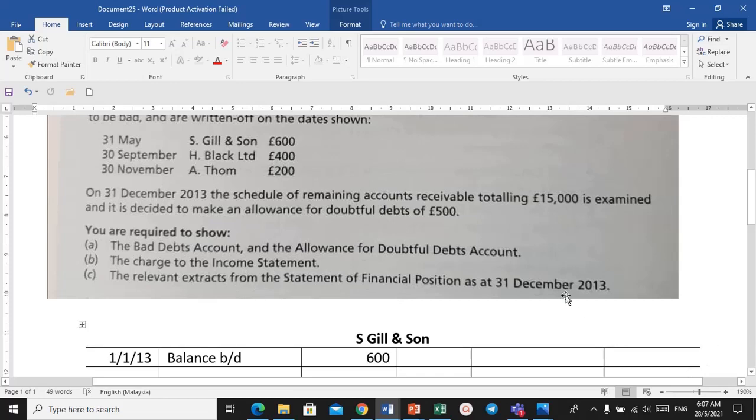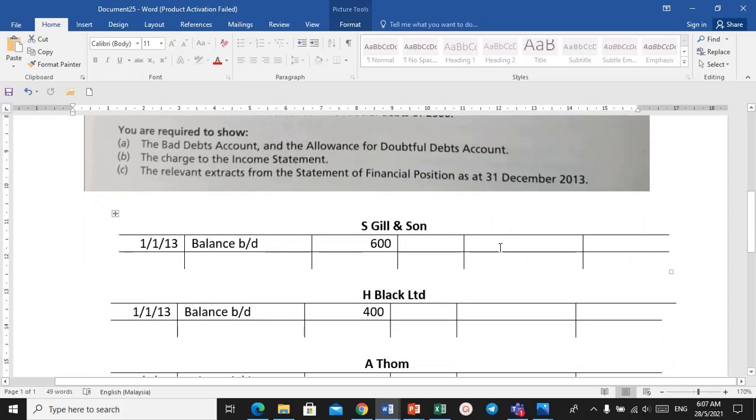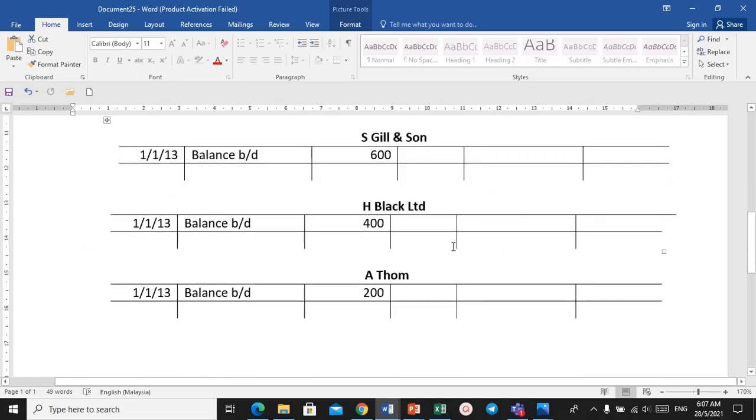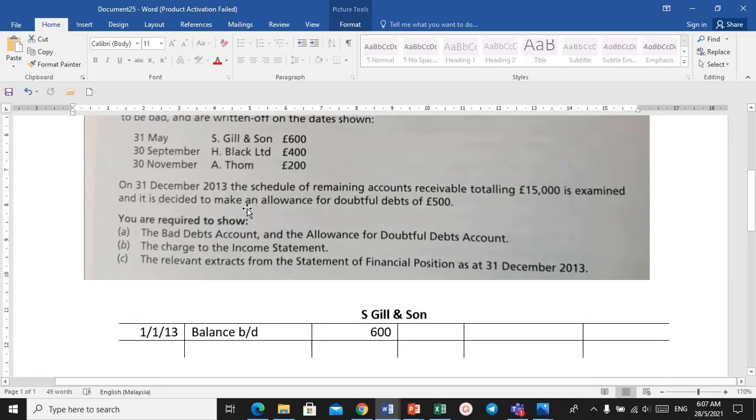So let's start with our entry. I have already prepared three accounts to represent these three accounts receivable that this company has, and this would be our first entry. Our first entry would be to close the accounts receivable that have been declared bad debt, so we need to close them.